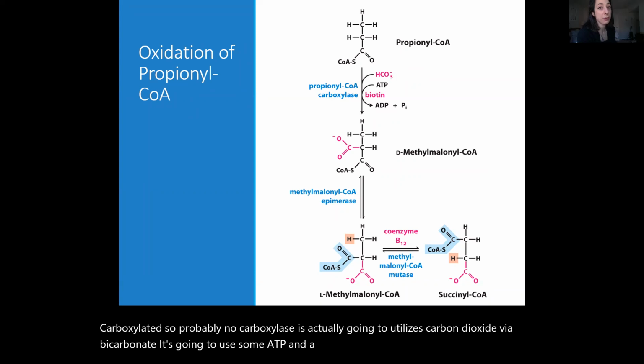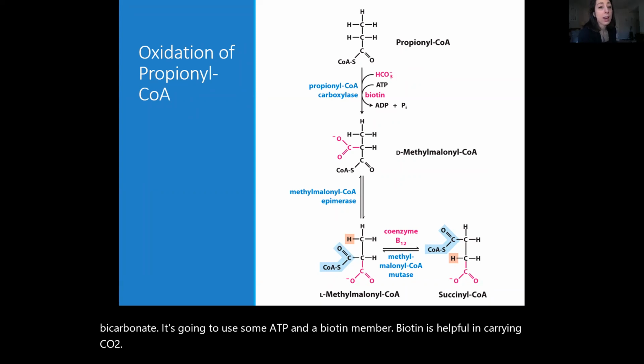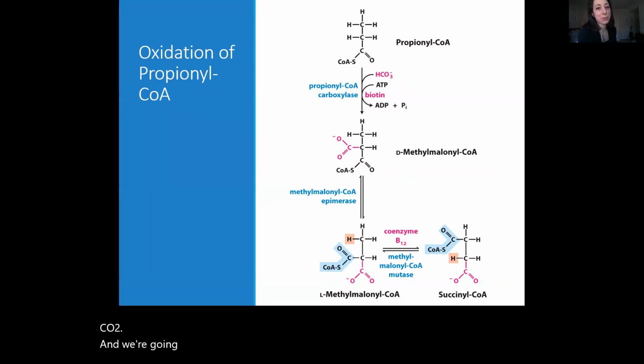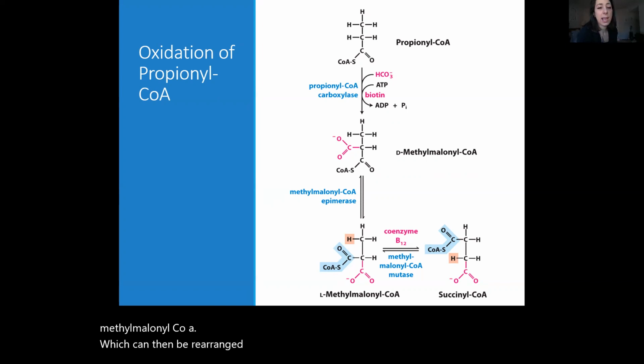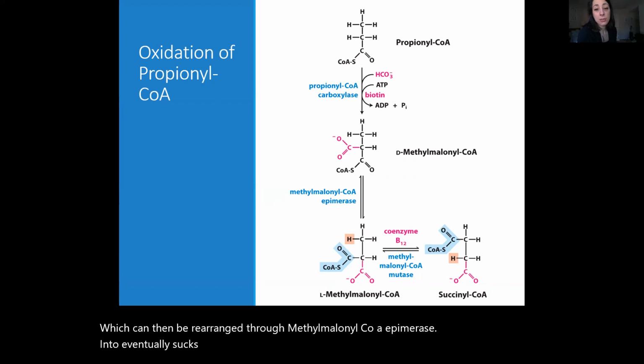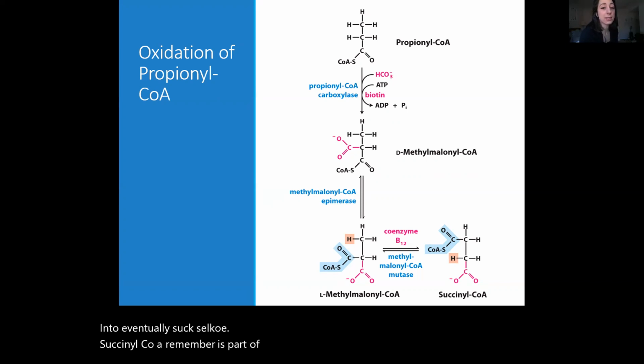Remember, biotin is helpful in carrying CO2. And we're going to add on an additional carbon. So now it's a 4 carbon chain, methylmalonyl CoA, which can then be rearranged through methylmalonyl CoA epimerase into eventually succinyl CoA. Succinyl CoA, remember, is part of the citric acid cycle.